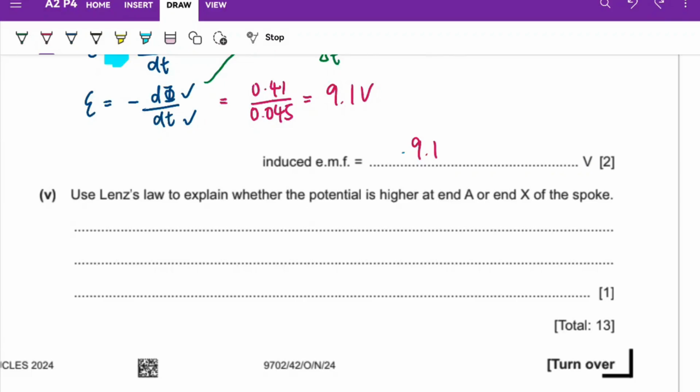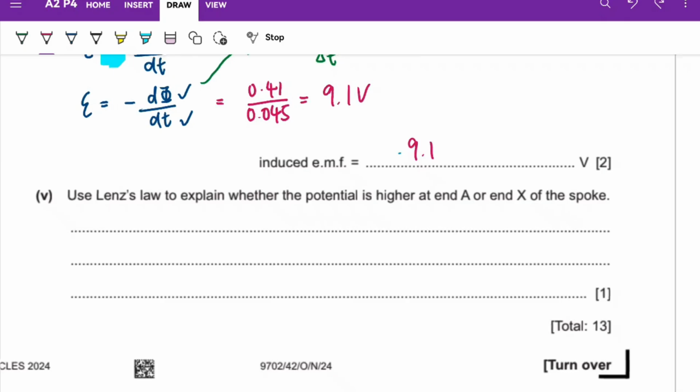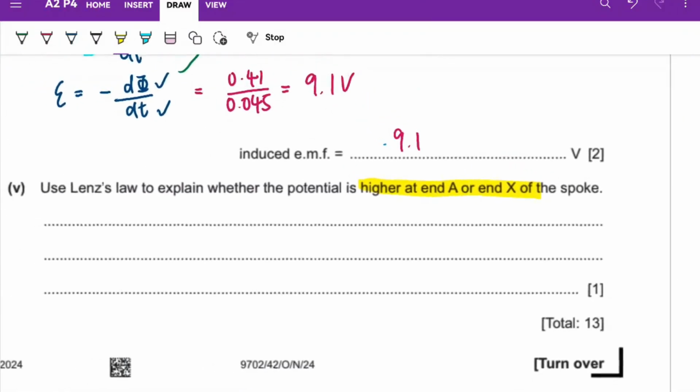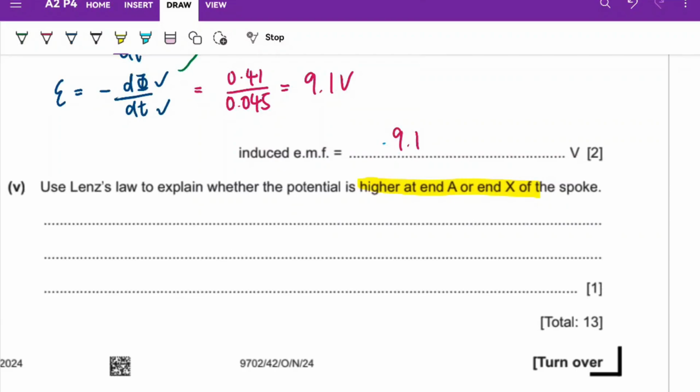Okay, last but not least, use Lenz's law to explain whether the potential is higher at A or X. So this is related to current a bit, because we know current flows from a lower potential to a higher potential. Am I right?